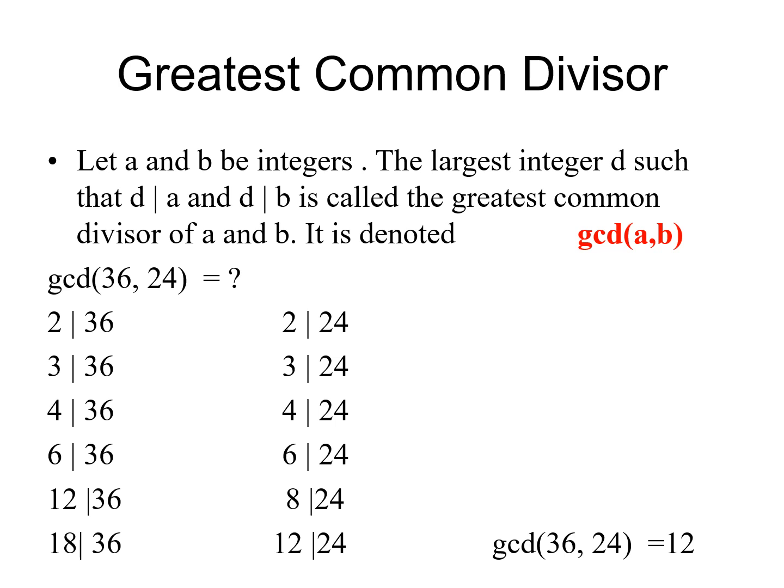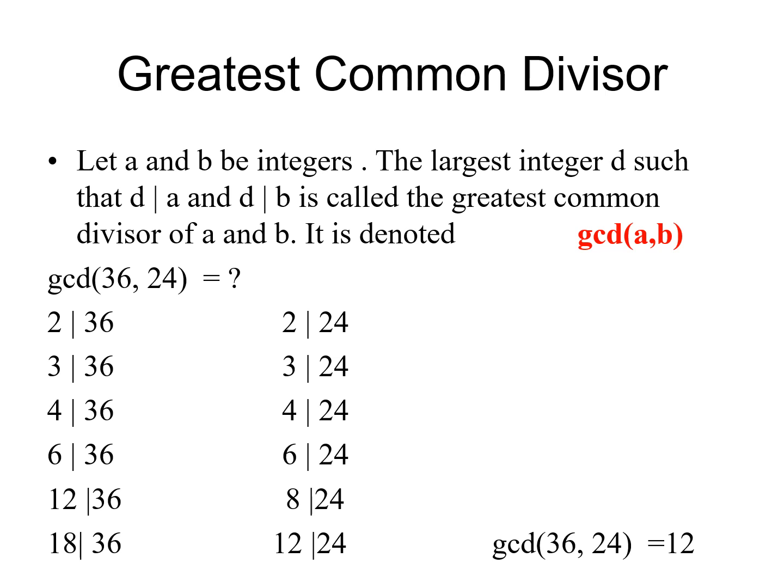Different factors of 36 are 1 and 36, and also 2 can divide 36, 3 can divide 36, 4 can divide 36, 6 can divide 36, 12 can divide 36 and 18 can divide 36. So different factors of 36 are 1, 2, 3, 4, 6, 12, 18 and 36.